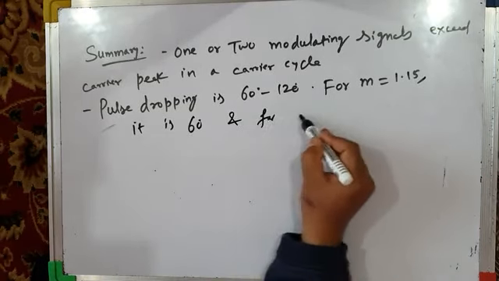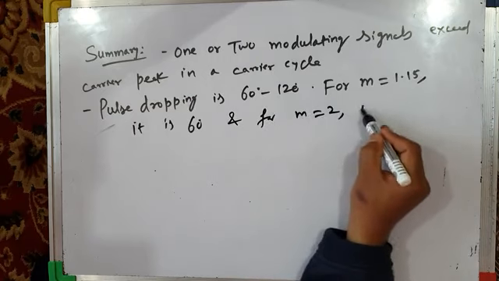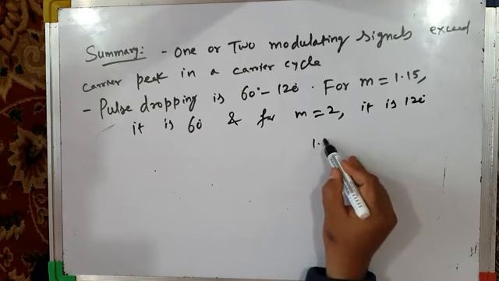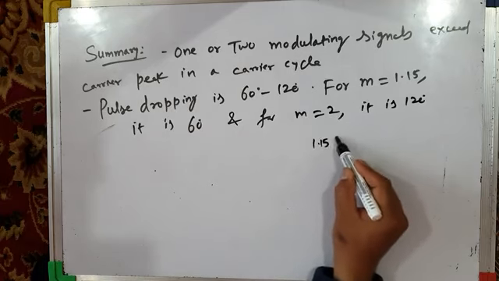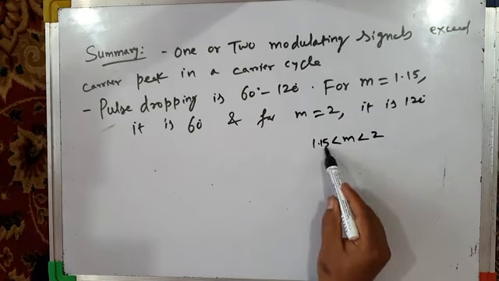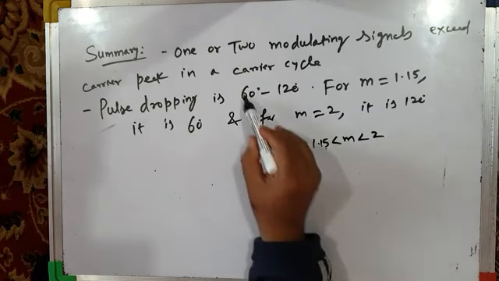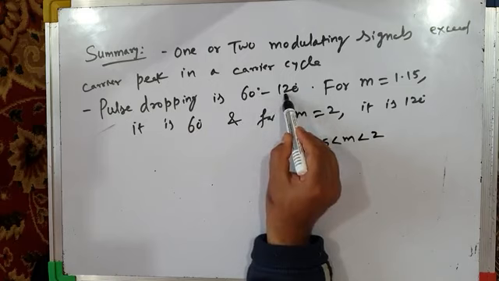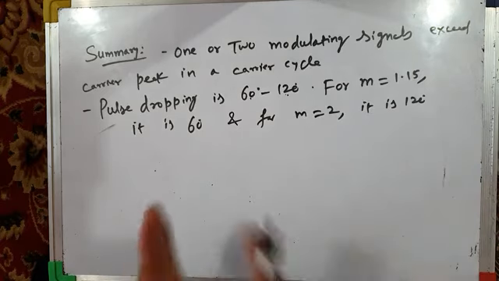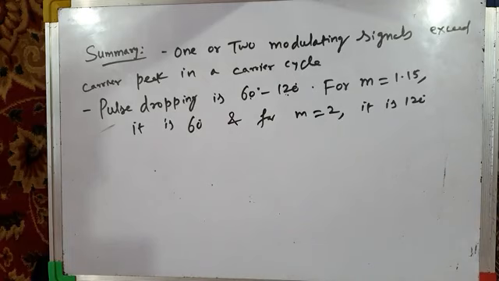And for m equal to 2, it is 120 degrees. Since we are considering this range of modulation index, 1.15 less than m less than 2, that is greater than 1.15 but less than 2, it will be 60 degrees to 120 degrees. Greater than 60 degrees but less than 120 degrees. Okay. So that means the interval, the period of pulse dropping has increased.